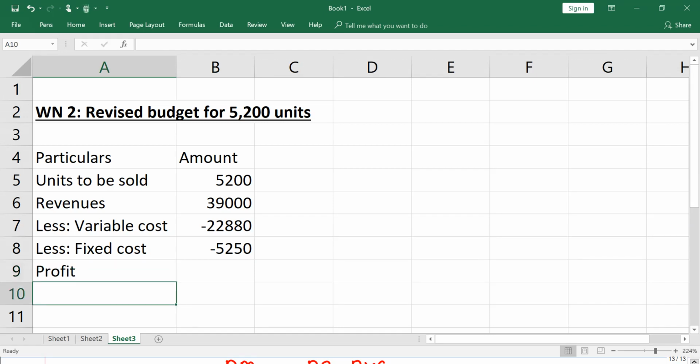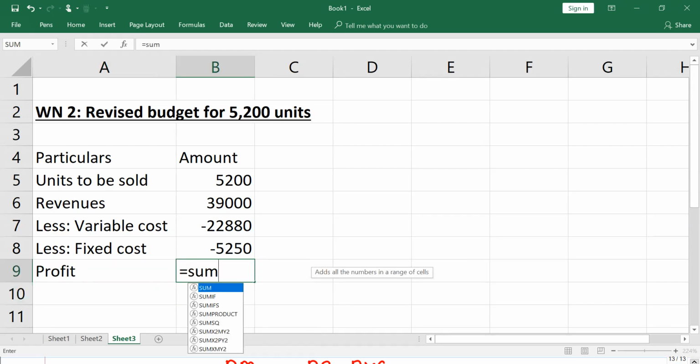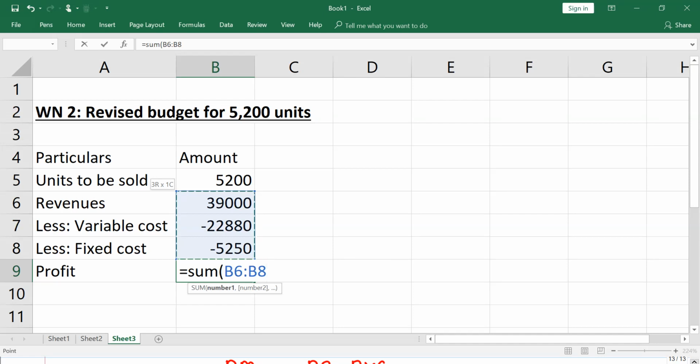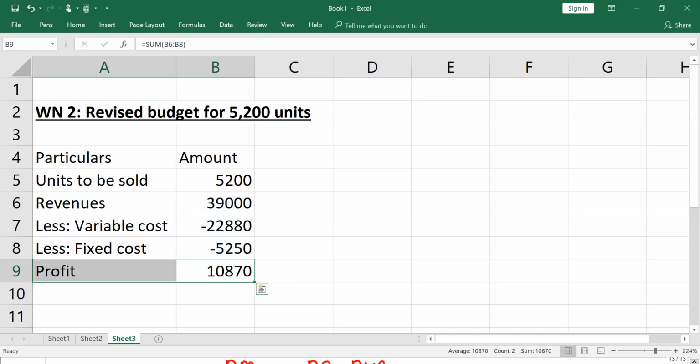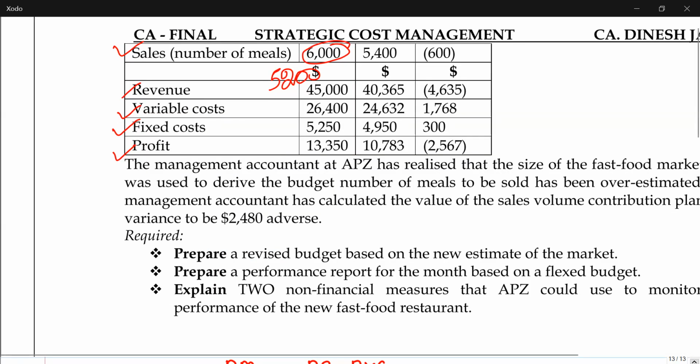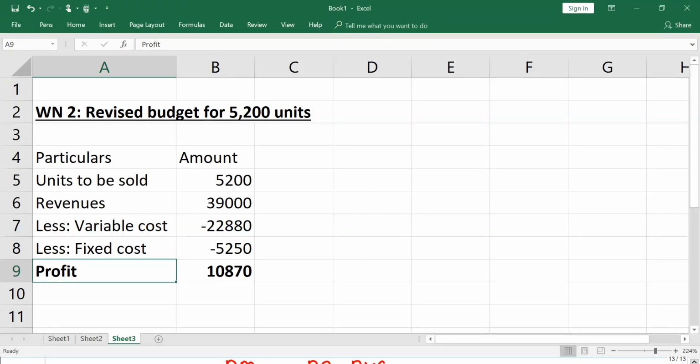And profit is 10,870. Any doubts on this?